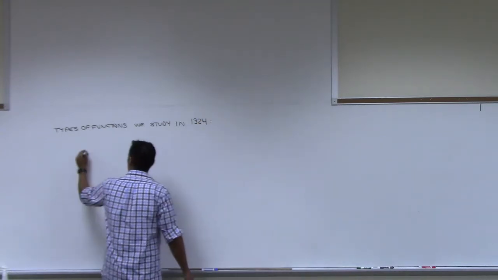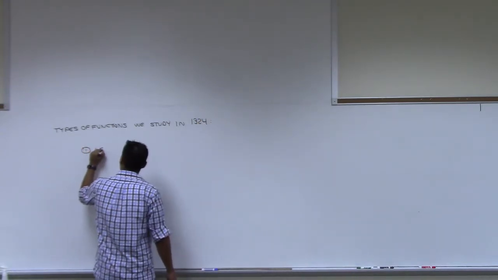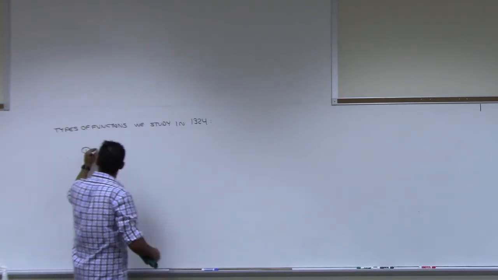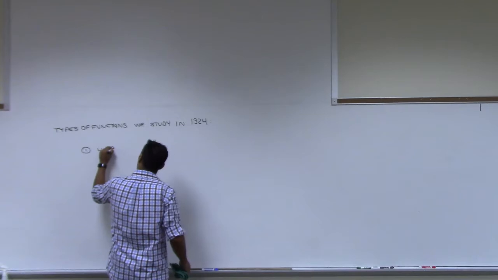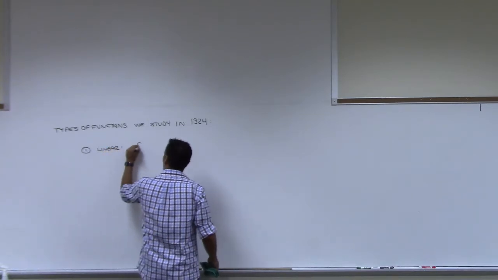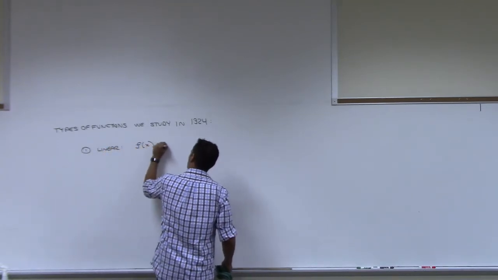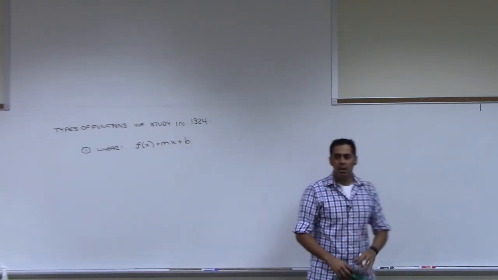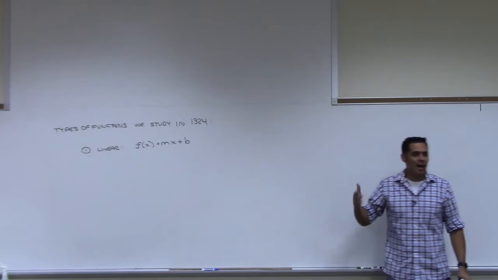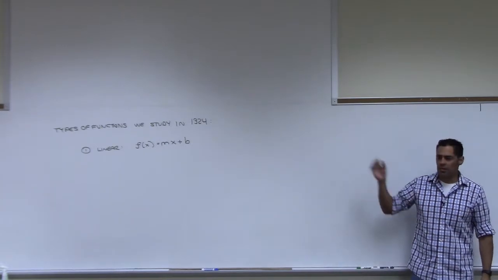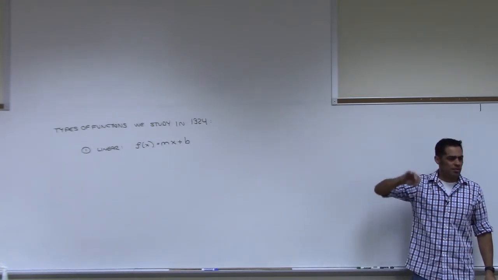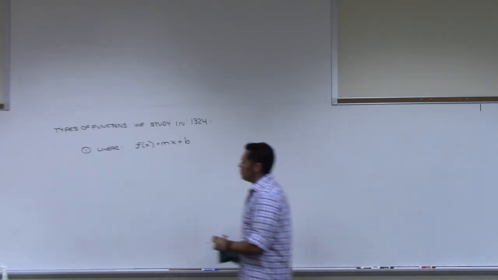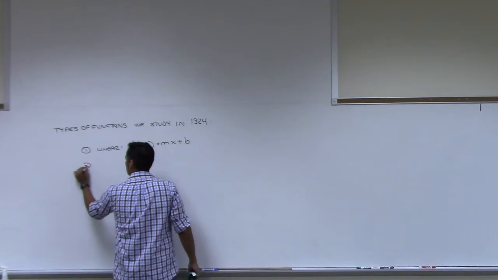First type, linear functions. This is something like f of x equals mx plus b. That's like y equals mx plus b. We should all at this point be comfortable graphing a line. Someone gives you that, you can find the y-intercept, use the slope to graph it, you get 2 points, draw a straight line. The second type of function that we study in here is the quadratic.